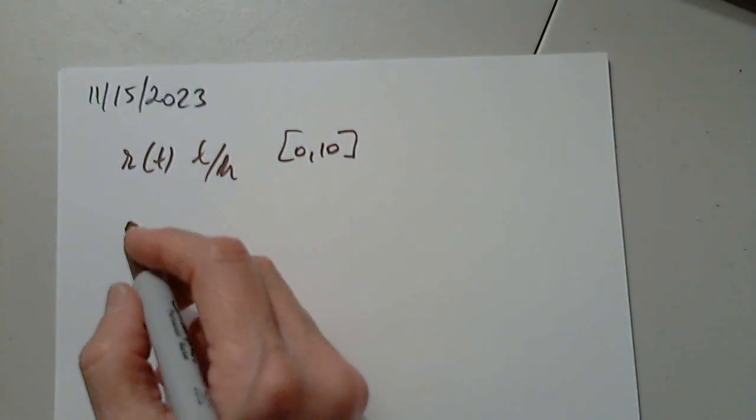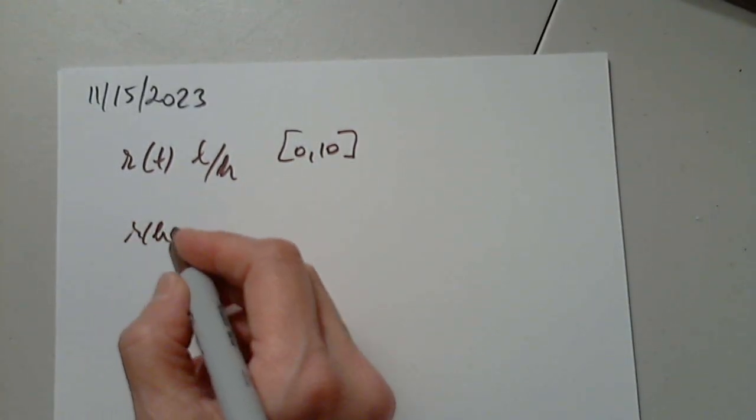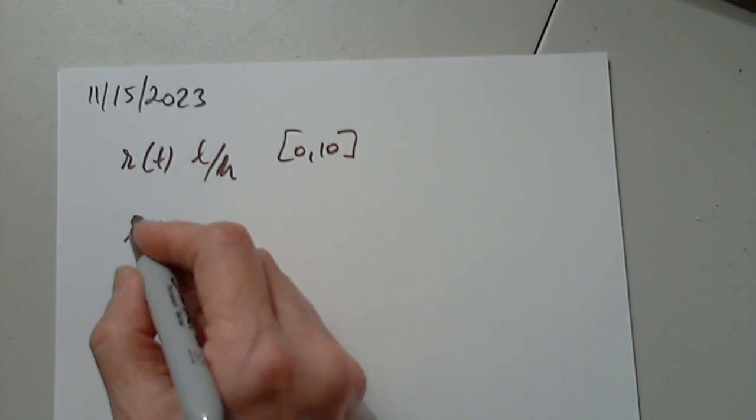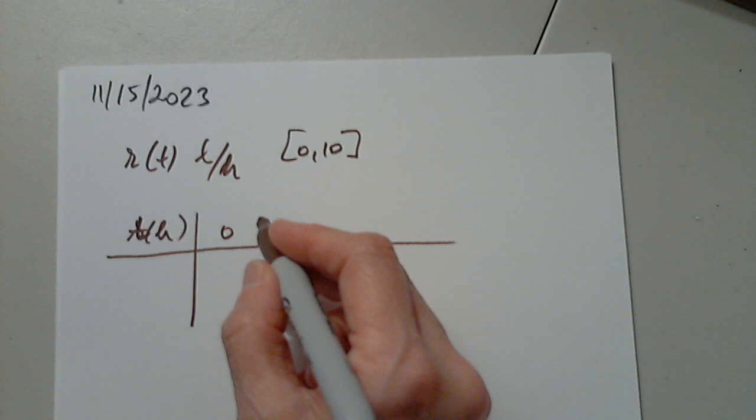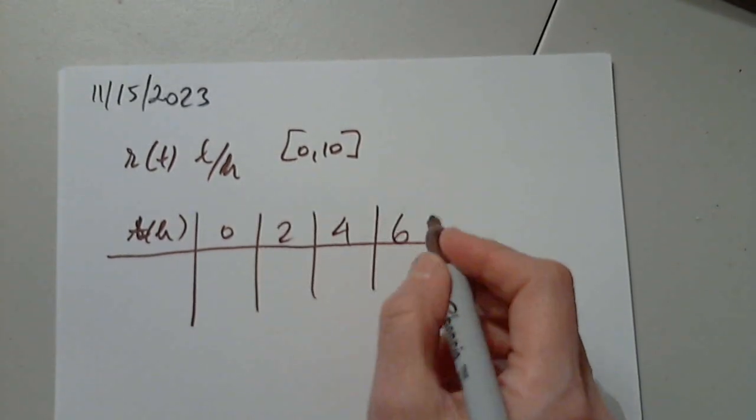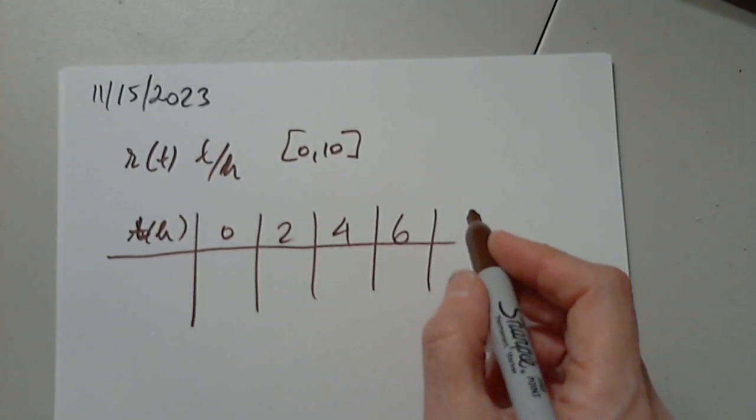And let me copy the table. So this is T in hours. Very good. And we have 0, and we have 2, and 4, and 6, and 8, and 10.